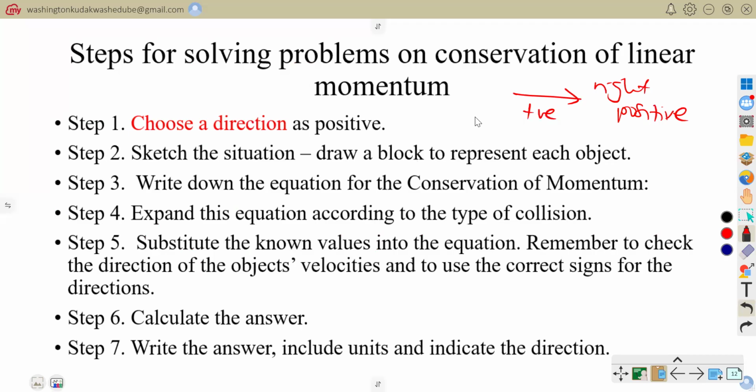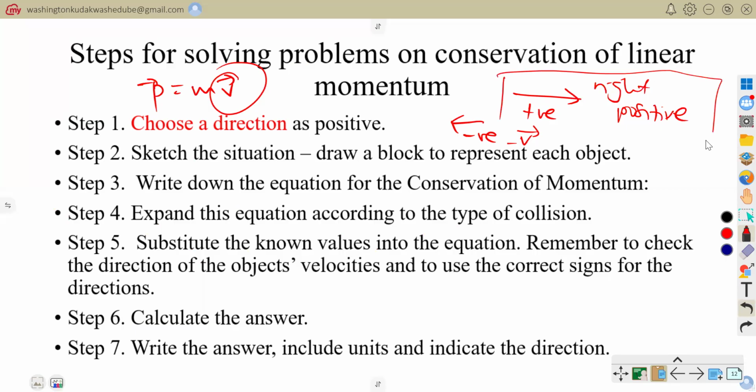So any object that would be going towards the left will have a negative velocity. The velocity is the one that has direction. Since we know that momentum is given by mass times velocity, the direction of the velocity of each object should be in accordance to the positive direction that you would have chosen.